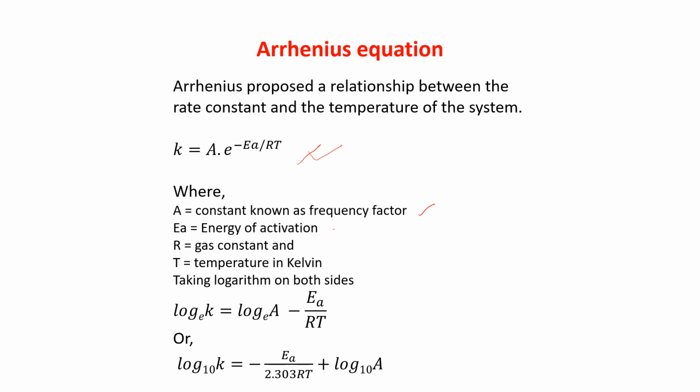Now taking logarithm on both sides, ln K is equal to ln A minus Ea by RT, or log10 K is equal to minus Ea by 2.303 RT plus log10 A.